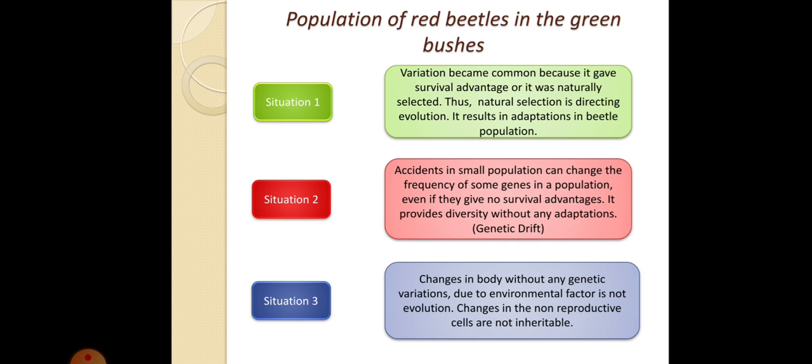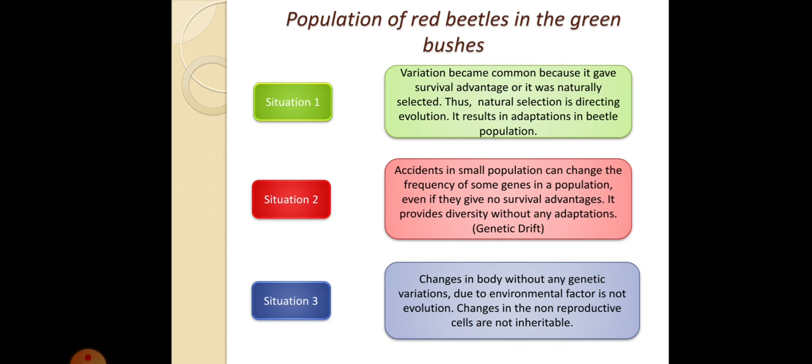Changes in non-reproductive cells. Non-reproductive cells means those cells which will not take part in reproduction. So changes in those cells are not inheritable, okay. So in the first two situations we can see development of variations, right?